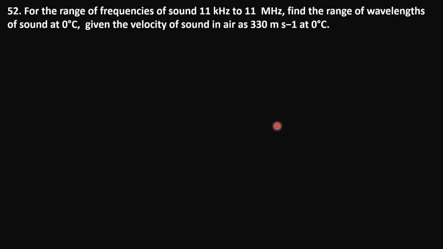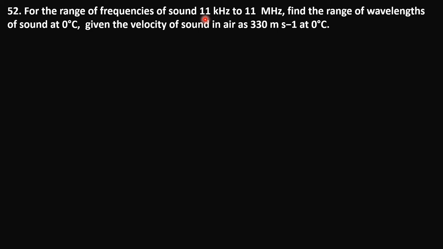So the next question is, for the range of frequencies of sound, एक range दिया हुआ है 11 kilohertz to 11 megahertz and you have to find the range of wavelengths. आपको wavelength का range find करना है. Sound की velocity air में given है 330 meter per second.